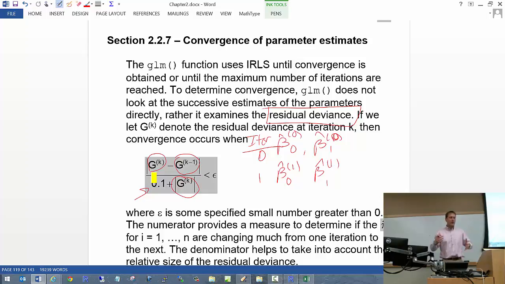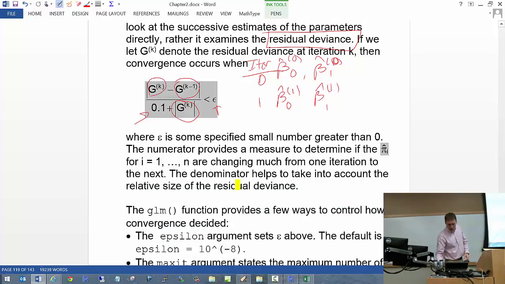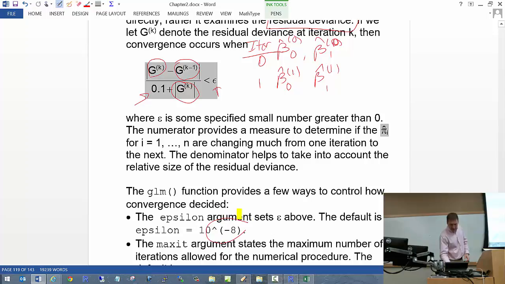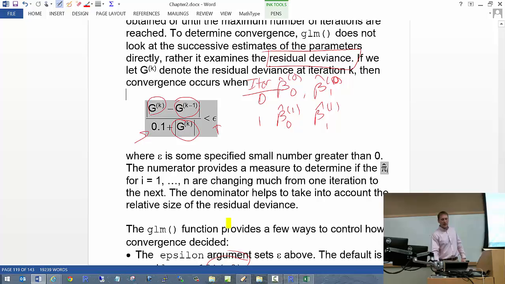How small? Well, you set some number epsilon. Actually, R uses 10 to the -8th power, so 0.00000001, seven zeros and then a 1. That's what R uses for epsilon. If your difference is that small, you have converged.